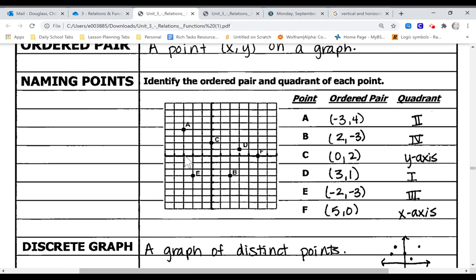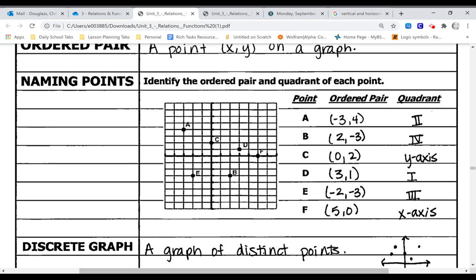That's an x-coordinate of -3. Then I'm going to move up 4 units. 1, 2, 3, 4. So the second coordinate for point A is 4. And I've written the ordered pair with a comma separating them and parentheses around them. You will notice that point A is in quadrant 2 on the graph.